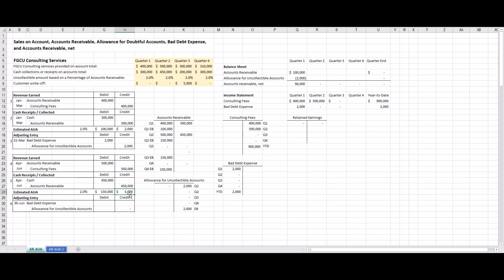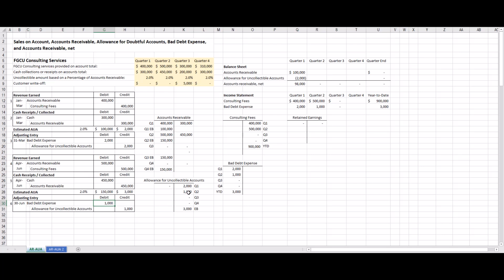Since the allowance for uncollectible account has a credit balance of $2,000 already, our adjusting entry for the second quarter is not $3,000, but $1,000. The $1,000 needed to increase the balance from $2,000 to $3,000.